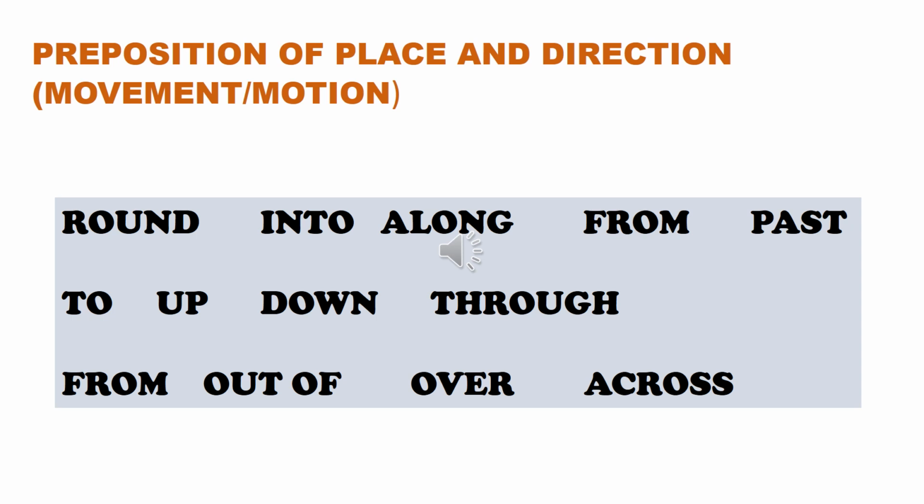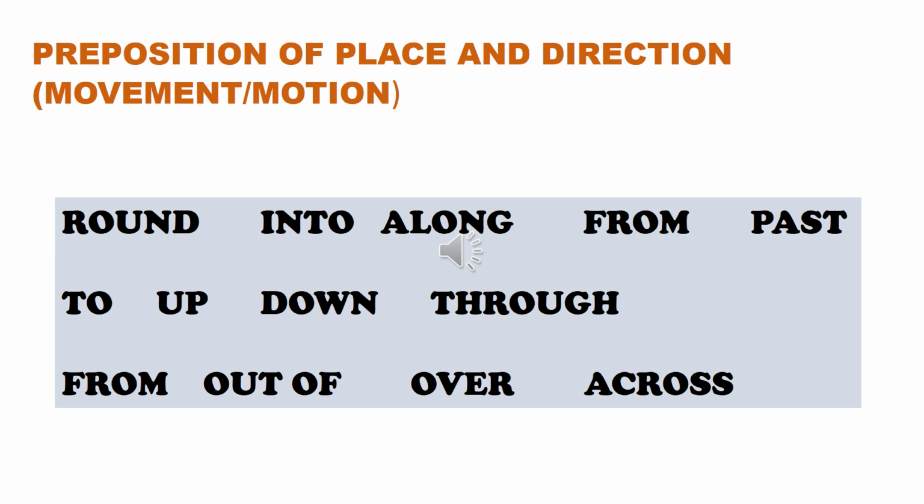Let's divide preposition of place and direction into more subcategories. First, those prepositions of place which are having movement or motion related expression. And other is just about location and placement without the sense of movement or motion.